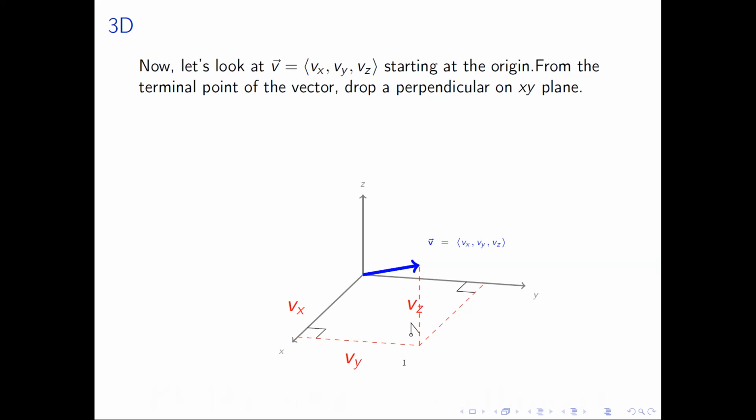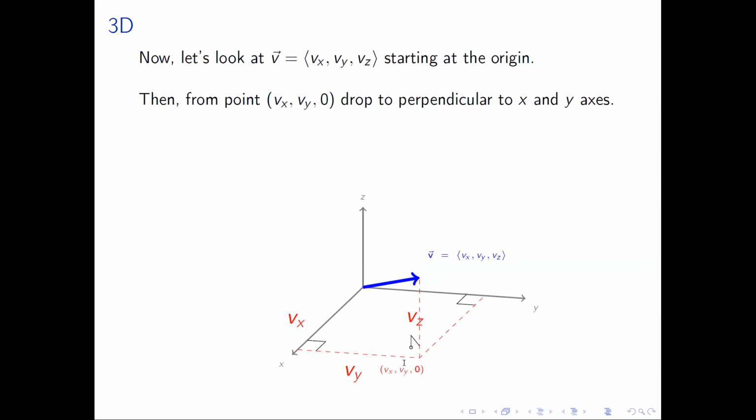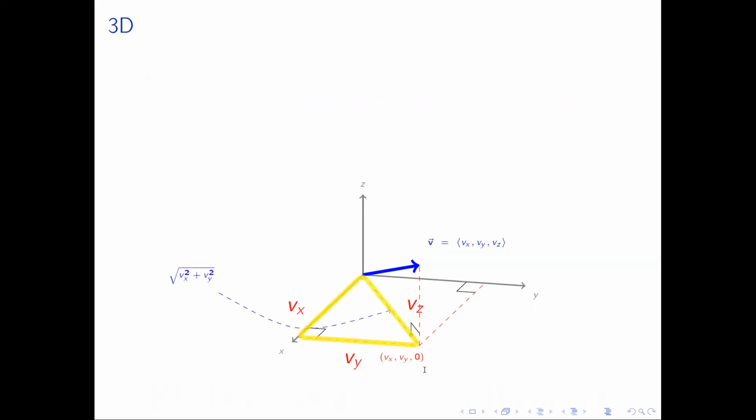Now, the point is, I want to show you the distance formula. So I draw from the point of intersection, which turns out to be (v sub x, v sub y, 0), a line to the origin, and then I consider the highlighted triangle over here.